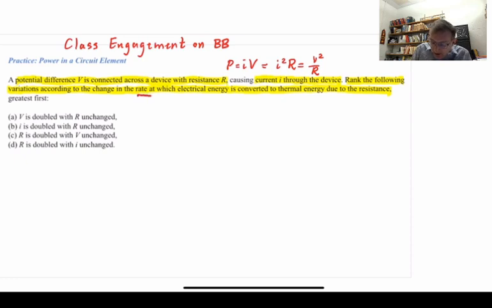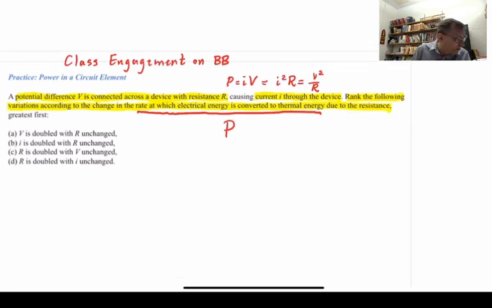Rate at which electrical energy is converted to thermal energy. Power. Okay? Due to the resistance. Okay, so we have some initial power, which is just I times V, or I squared times R, or V squared over R, excuse me. That's our initial situation. If you like, P sub I, where the I means initial.